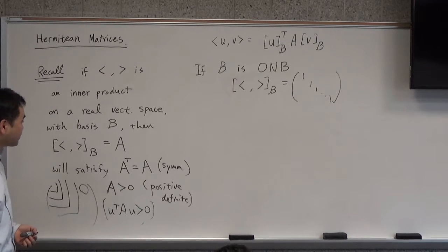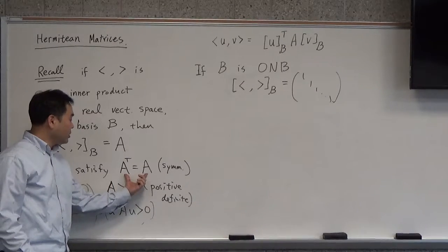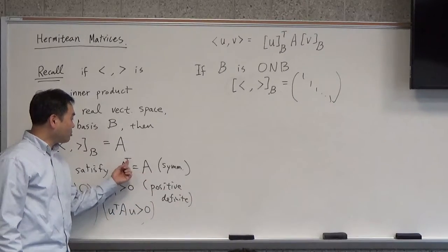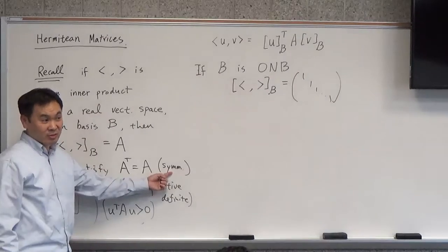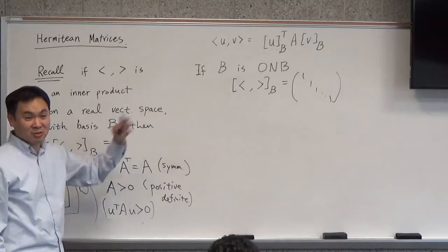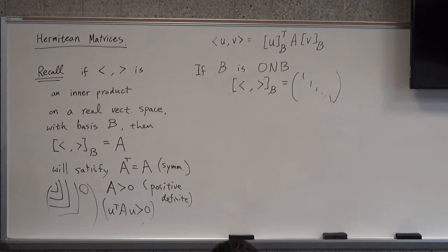And what I wanted to explain here is that if you have a matrix whose transpose is itself, it's called symmetric. The two sides look the same. That's why it's called symmetric. But then you're going to see a counterpart if we use the Hermitian inner product.